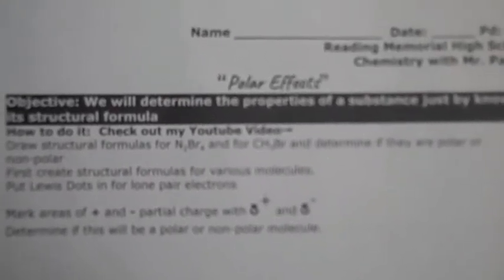So what I'd like us to do is start off with a worksheet that I've put on Google Classroom and see if we can go through it together, putting together what we know about polar and nonpolar molecules. Okay, here's the polar effects worksheet.